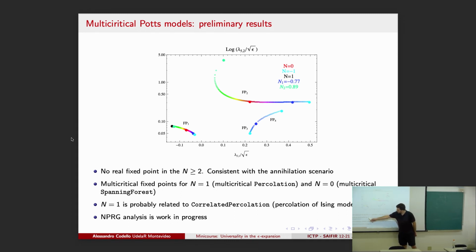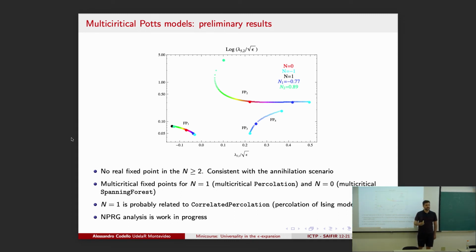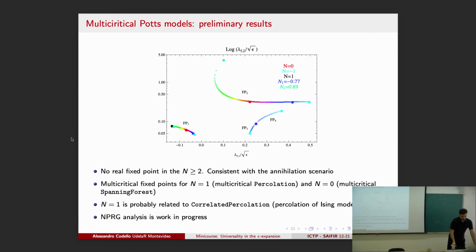Now, there is a fixed point when n is equal to 1. So this will be a more complicated version of percolation. The idea is that this universality class could be correlated percolation, which is percolation on Ising clusters.